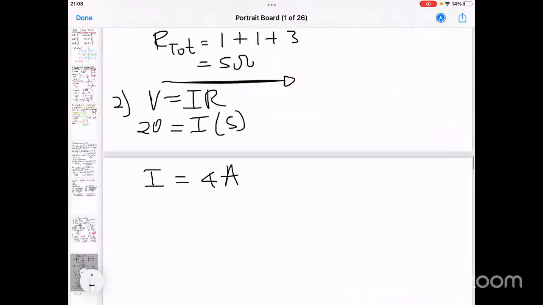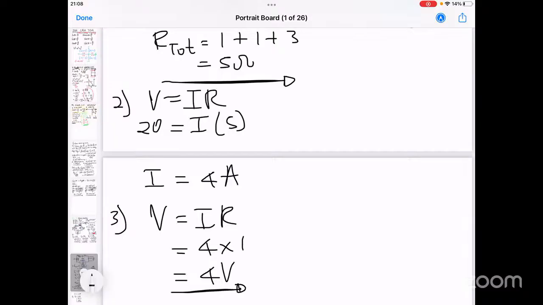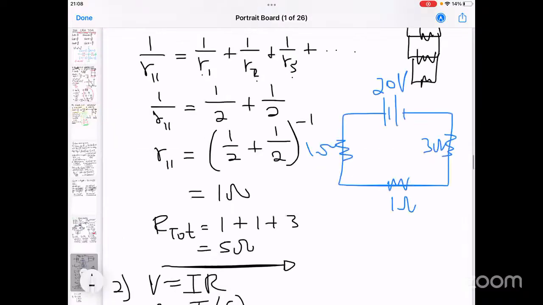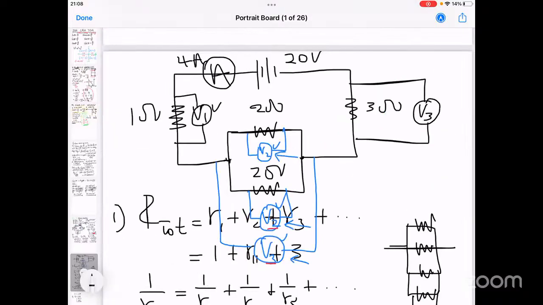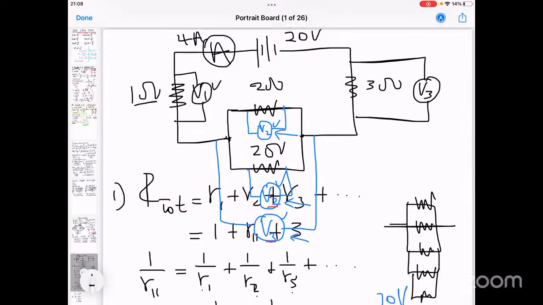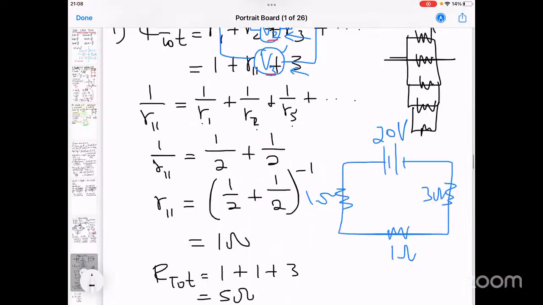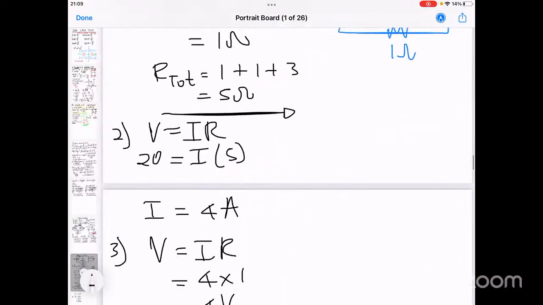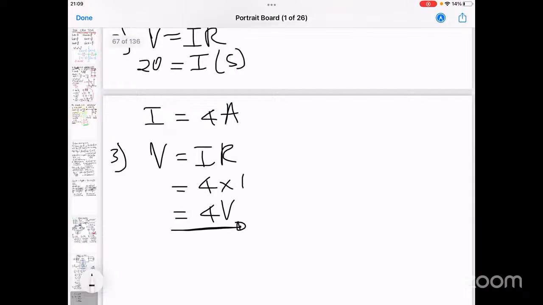Okay, so now when it comes to other V's, you will still say V equals IR. This time around, you calculated that and then you multiply it by 1 ohm and then it gives you 4 volts. So that means, I'm sure you are not lost. This is the one that I was calculating where the R is that. For this one, we are going to specify that the V we are calculating is for the parallel section.